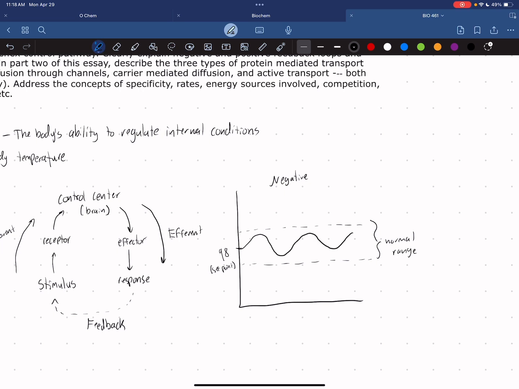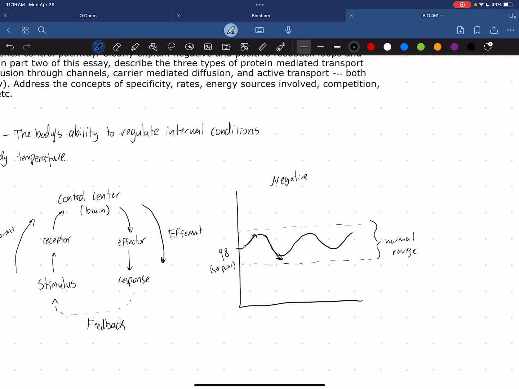What happens is, as the body temperature rises right here, the body will do things like sweat in order to decrease the body temperature. And as the body temperature comes down this way, the body will cause the muscles to shiver in order to increase the body temperature once again.